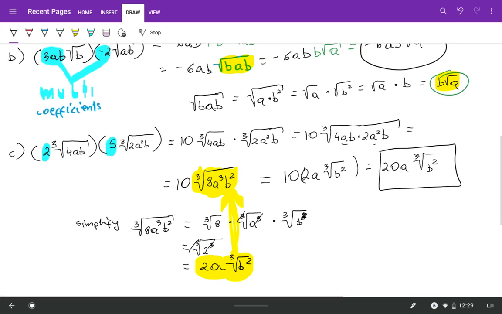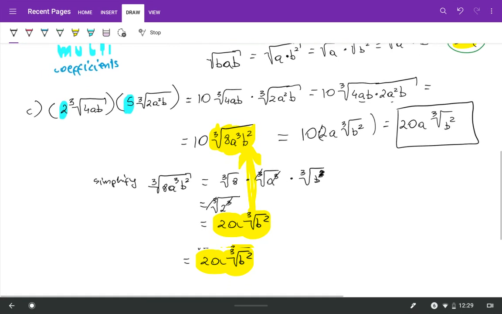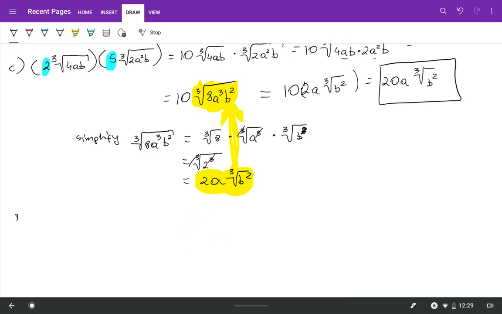Okay. Next, we're going to multiply radical expressions. So we're going to continue. We'll use a little bit of the distributive property. So let me give you a note for our next examples.